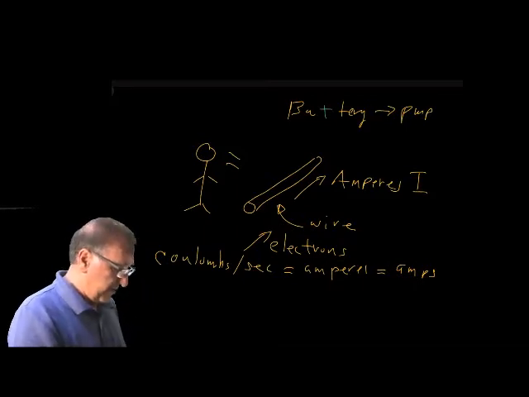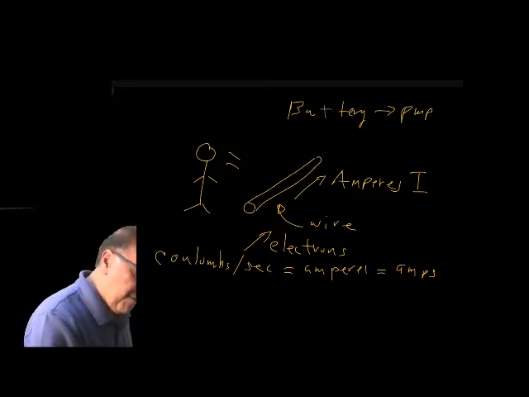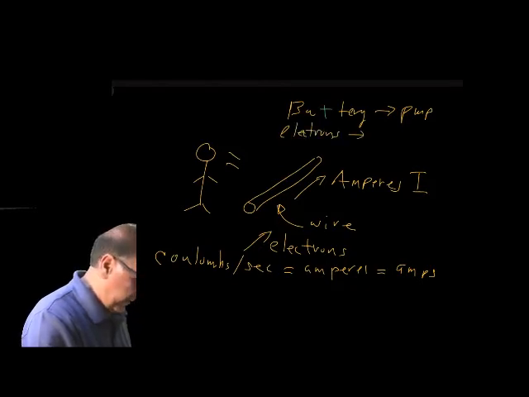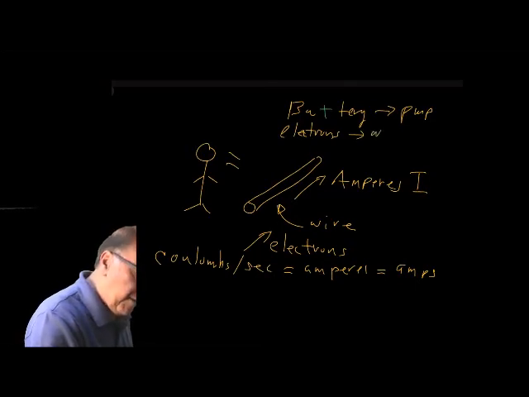Electrons flowing through a wire become water in the pipe.